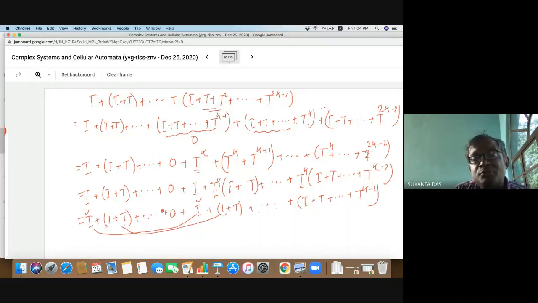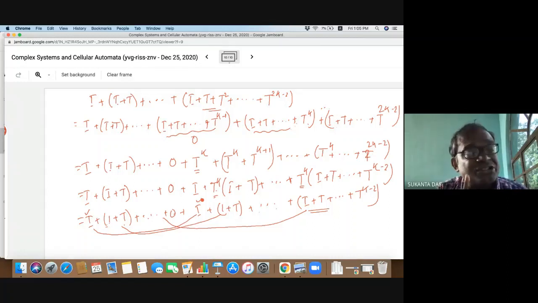And finally, before 0, I have expanded here I plus T plus t to the power k minus 1, but before that, what are the terms? I plus T plus t to the power k minus 2. So this term actually was here, right? So each term repeated twice.